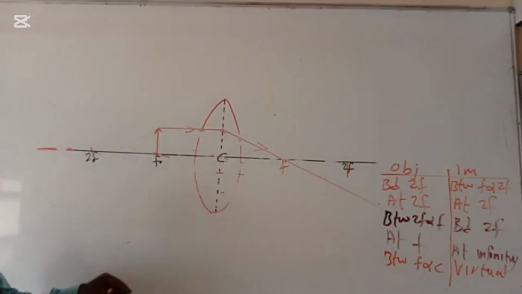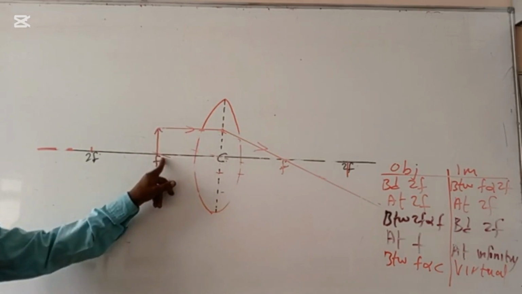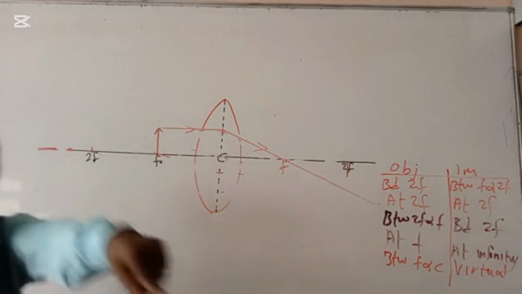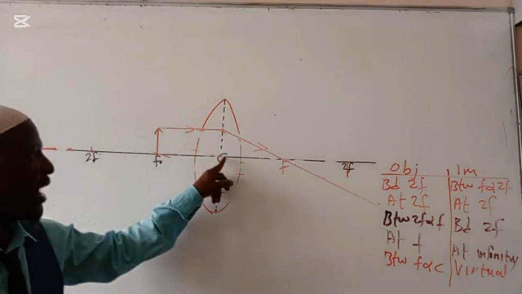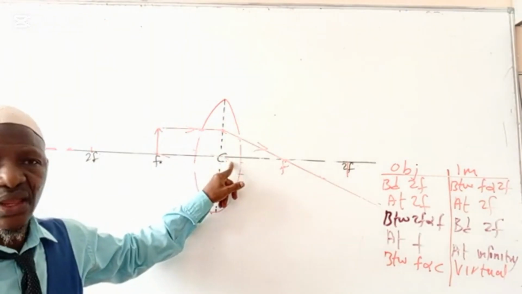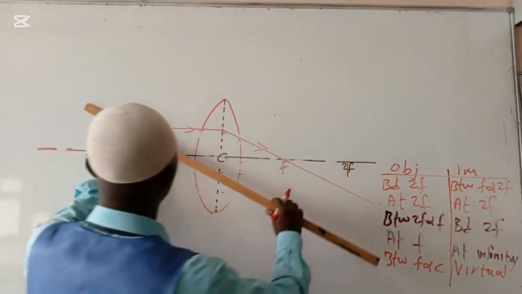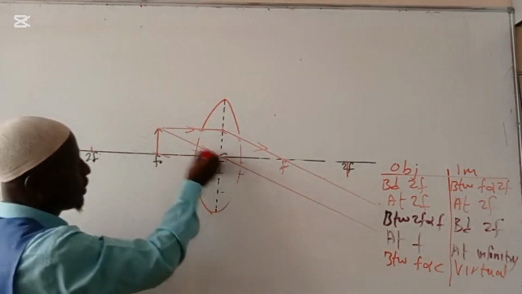Then we cannot apply a ray through the principal focus again, because the object is already at the principal focus. Then we must apply the third principle, that says a ray through the center of the mirror, the optical center, will pass without deviation. So in that case we have this.